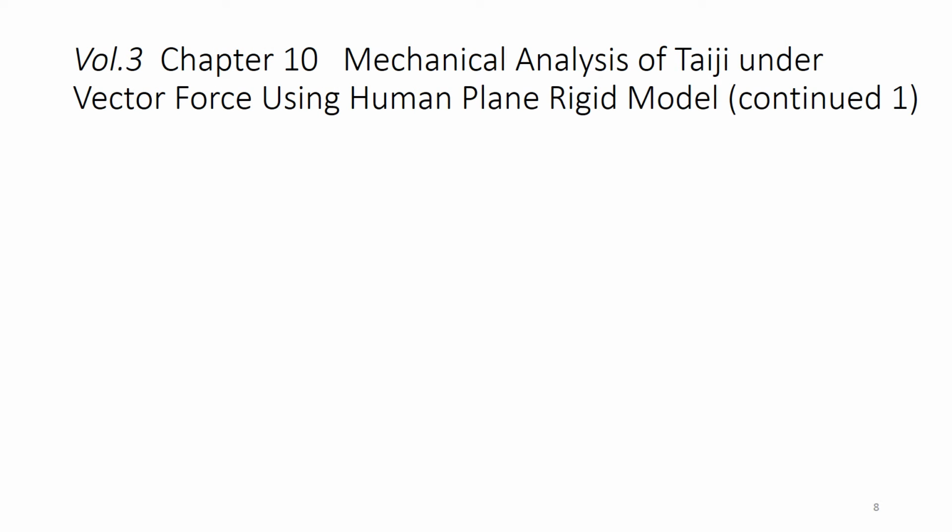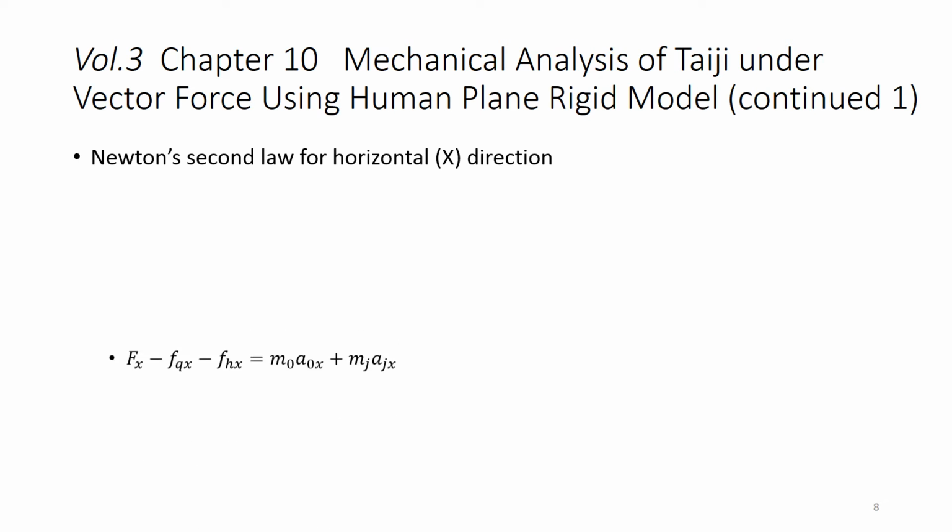Chapter 10. Mechanical analysis of Taiji under vector force using human plane rigid model. Continued 1. Newton's second law for horizontal x direction. External force in x direction equal to the product of mass and x direction acceleration.